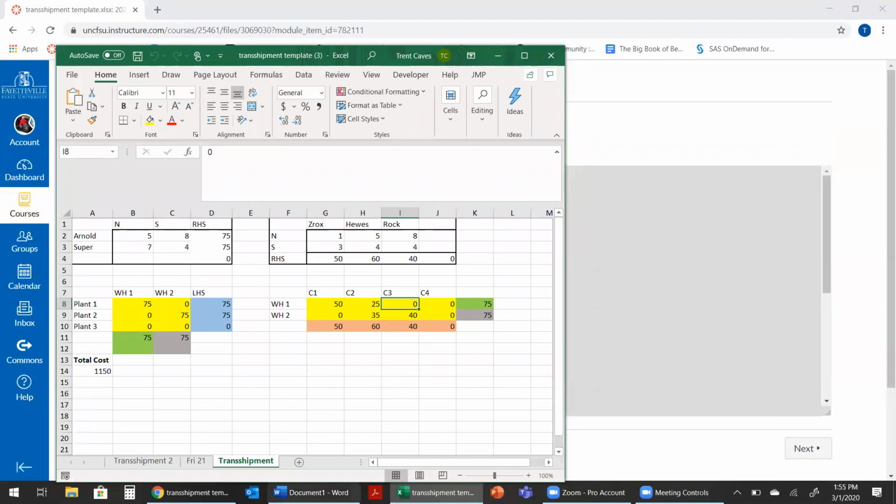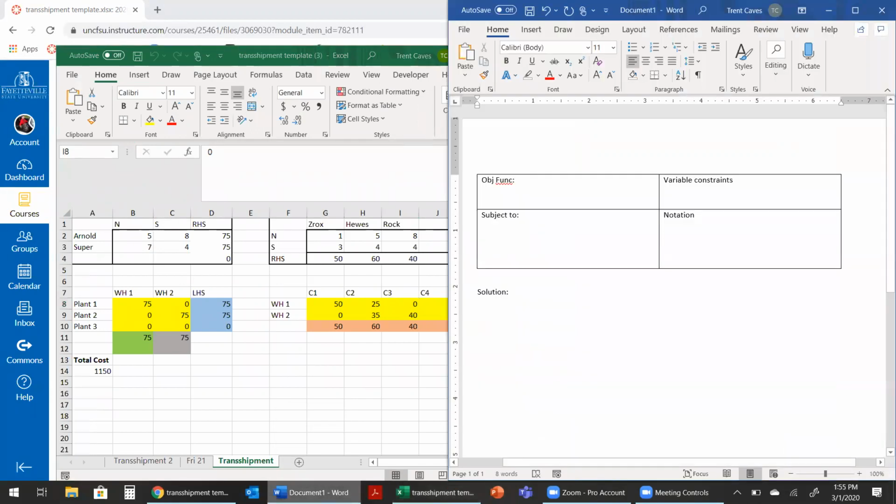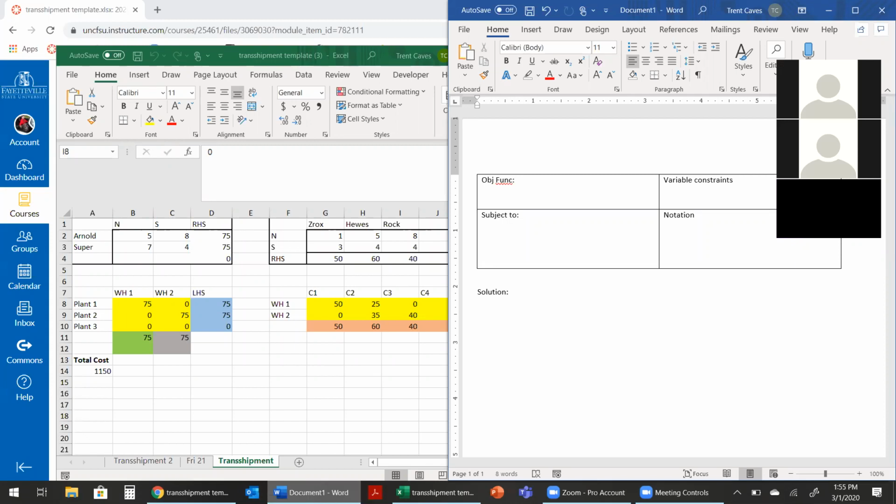Like the first question though, we're going to start with our linear programming formulation. And this one, as a transshipment question, is dealing with goods produced at plants that are shipped to a warehouse, stored in the warehouse, and then shipped from the warehouse to retail outlets based on capacity of our warehouses and the demand in our retail outlets.